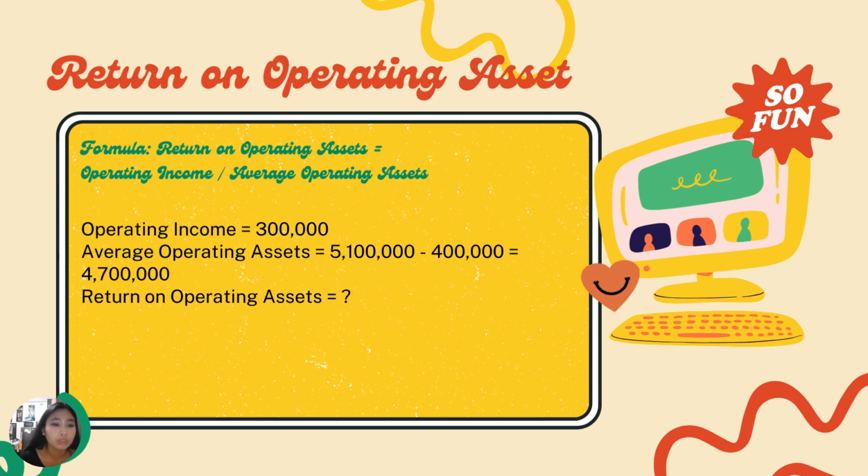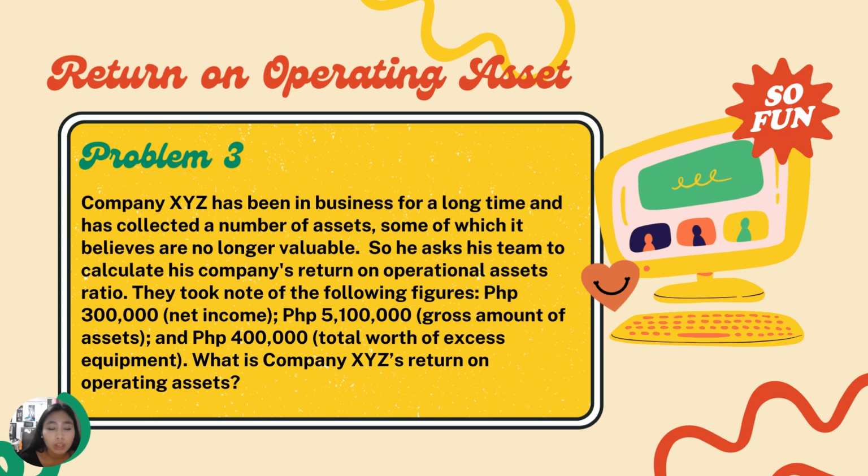So, our solution for that is, ang formula nito is return on operating asset equals operating income divided by average operating asset. So, ang operating income natin is 300,000. Average operating asset is 4.7 million. Pinag-minus lang natin ang 5.1 million and 400,000, which is makikita dito sa gross amount of asset and total worth of excess equipment.